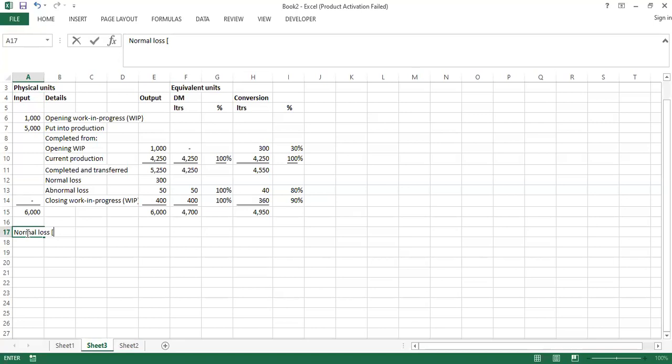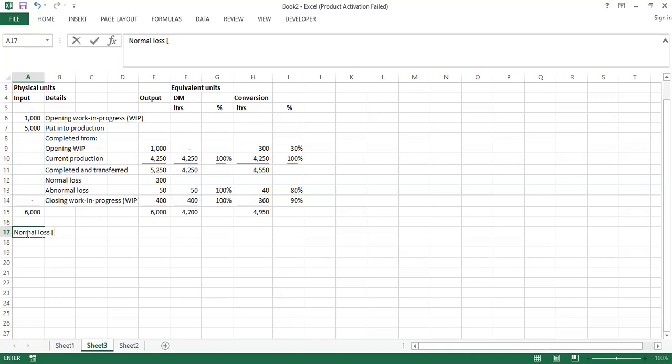Okay, so we're still dealing with the normal loss here. In terms of the initial explanation that I gave, you want to look at which units are included in the normal loss.